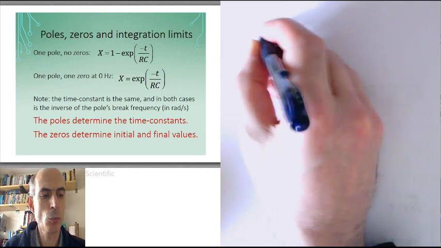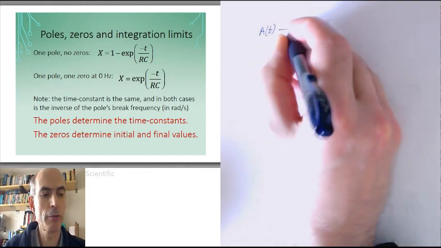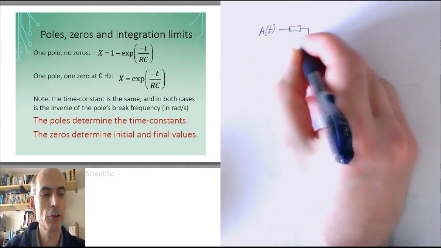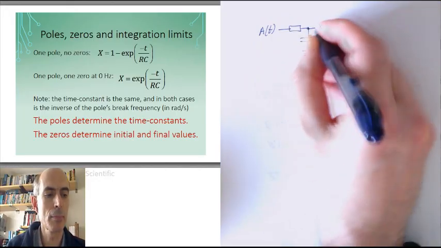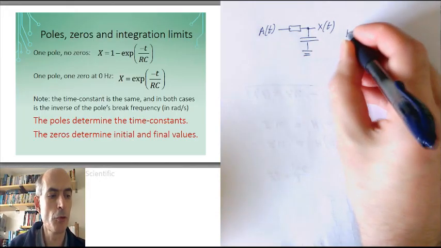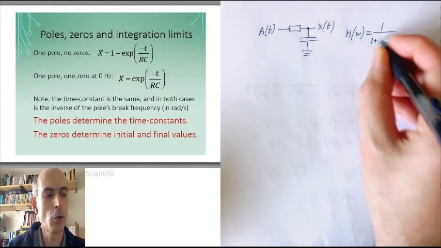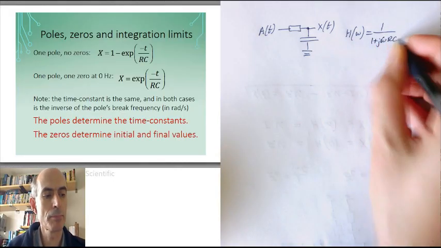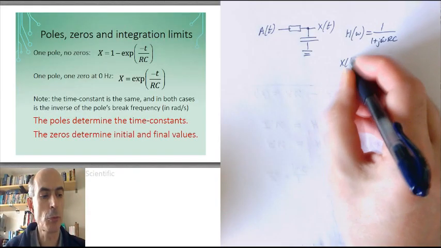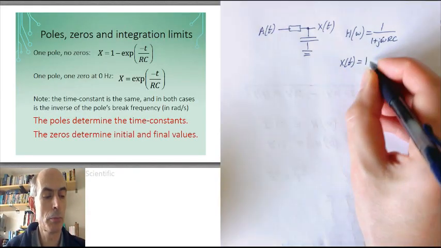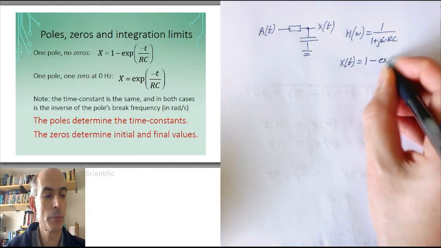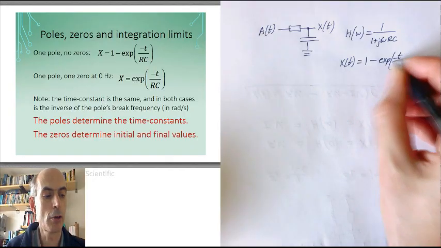For the circuit where the input was going via a resistor into a capacitor to ground, the frequency response is 1 over 1 plus j omega RC, and as we've seen, the step response is 1 minus exp minus t over RC.